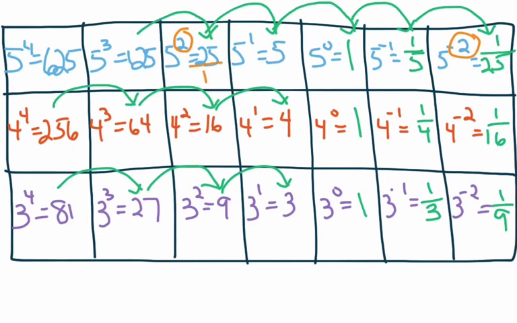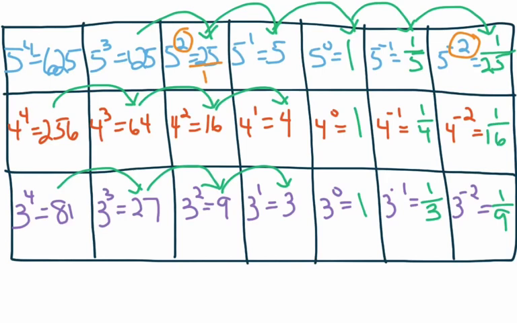For 5 to the negative second, it's that fraction flipped. So 5 squared, we have 25 over 1. 5 to the negative second power, we have 1 over 25. So it's as if we take the numerator and denominator and we just flip those around.